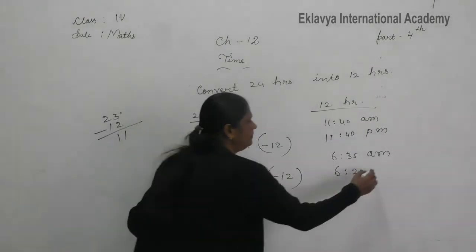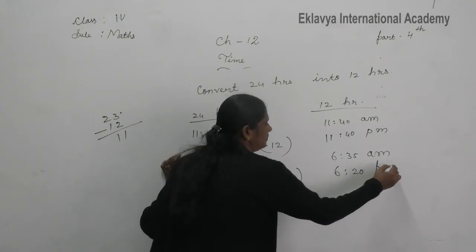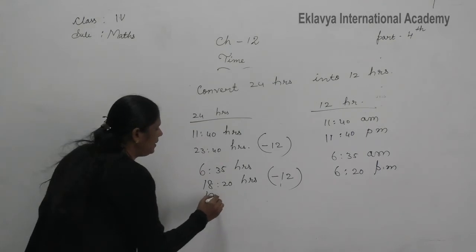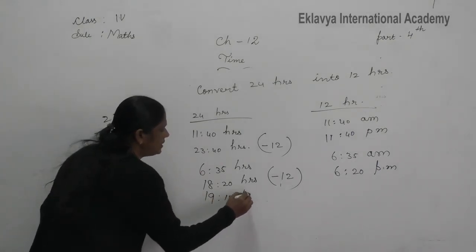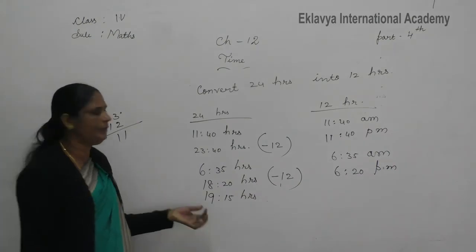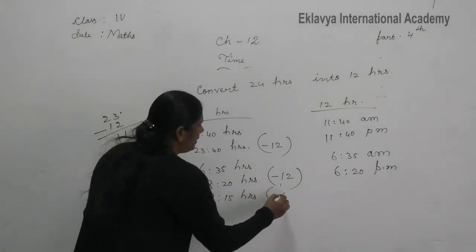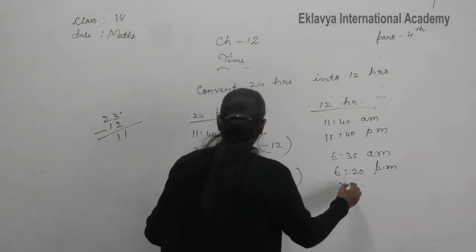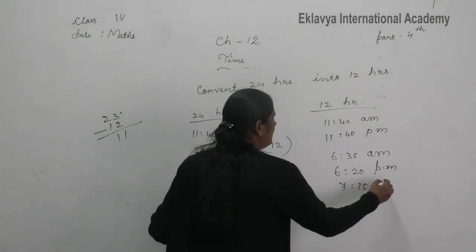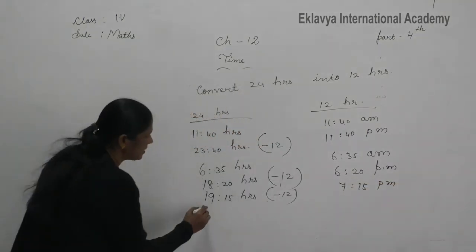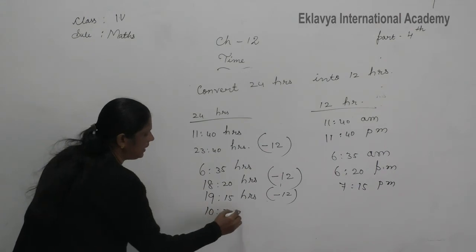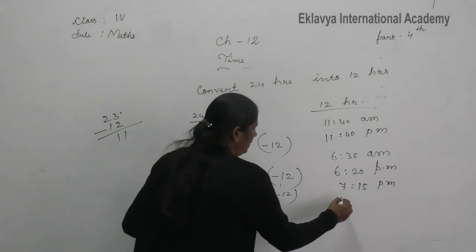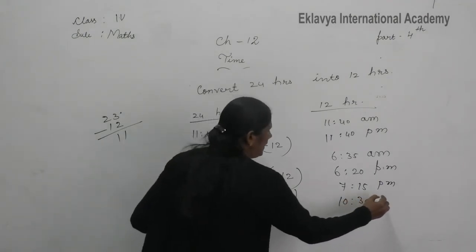Understand? Again, 19:15 hours. More than 12, you subtract 12. Then 7:15 PM. Next, 10:30 hours. How to write? 10:30 AM.